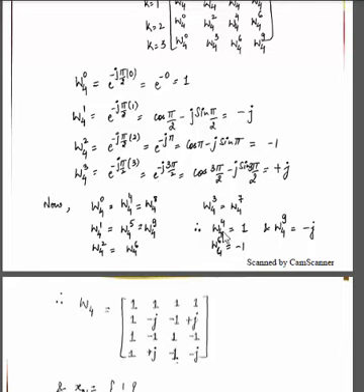Therefore, we obtain twiddle factor 4 value as 1 because it is equal to twiddle factor 0, and twiddle factor 6 value is equal to -1 because it's equal to twiddle factor 2, which we already found to be -1, and twiddle factor 9 value is equal to -j, that is equal to twiddle factor 1. So by putting these values into the matrix, we have obtained the twiddle factor matrix W4 in 4 rows and 4 columns.